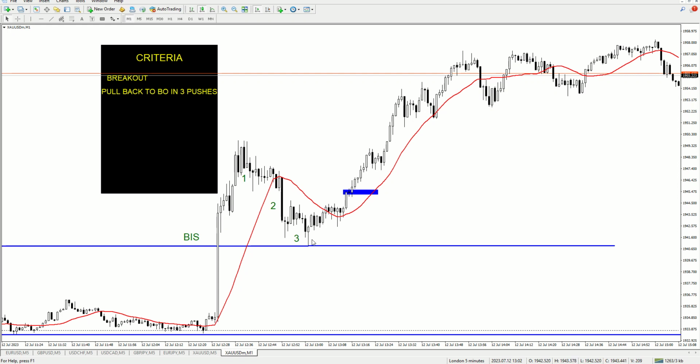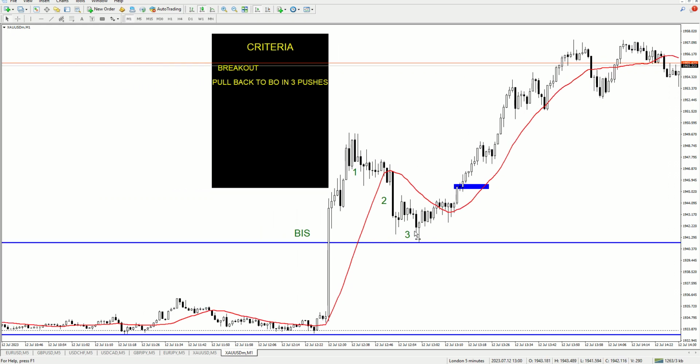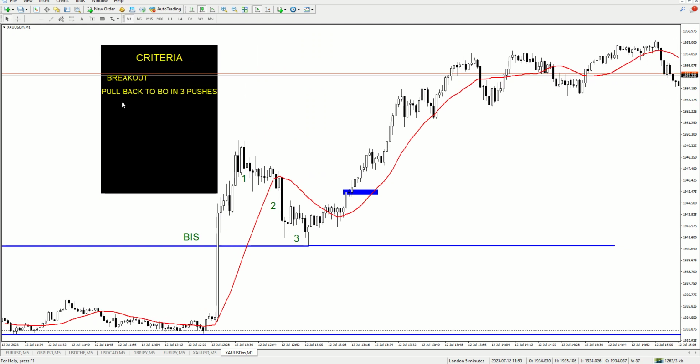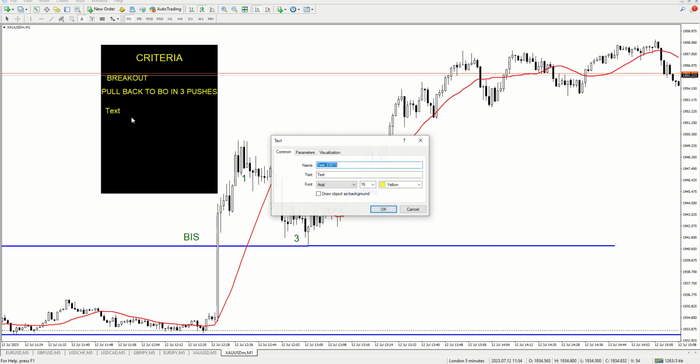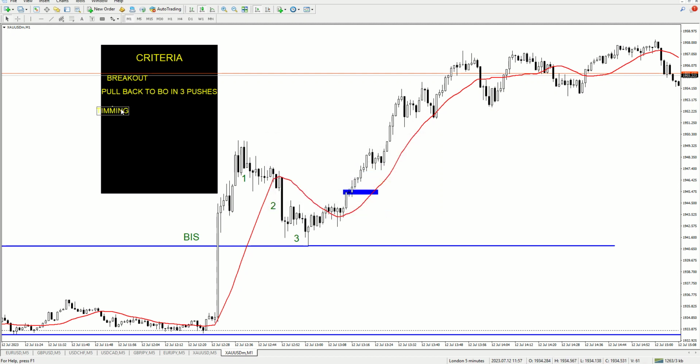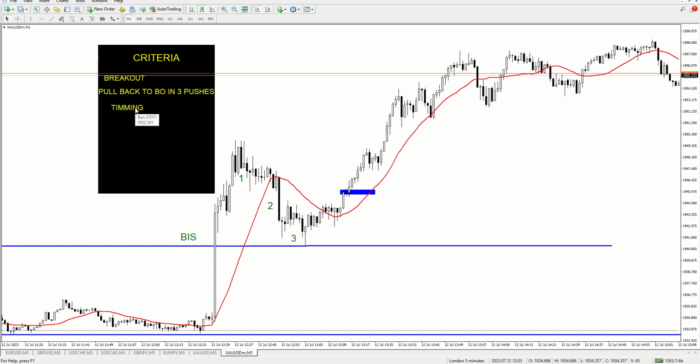And then now what I want to see is timing. Is the timing correct? I told you, yes, it's correct. Exactly at 3 o'clock. And now I want to see market structure. I want to see them reversing and breaking structure to the other side.